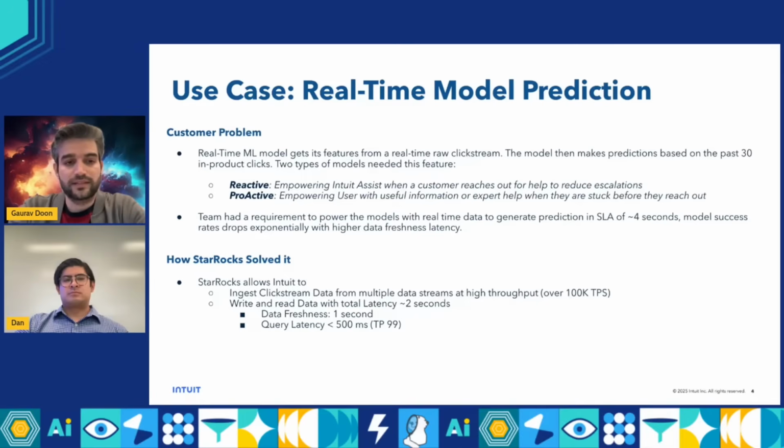And the last is the read query latency, where we were able to achieve TP99s of less than 500 milliseconds. So in the end, if you add the two together, we were able to achieve the required SLA of 4 seconds that they needed and empower these Gen AI experiences for our end customers.